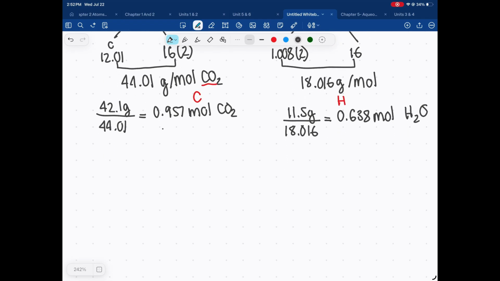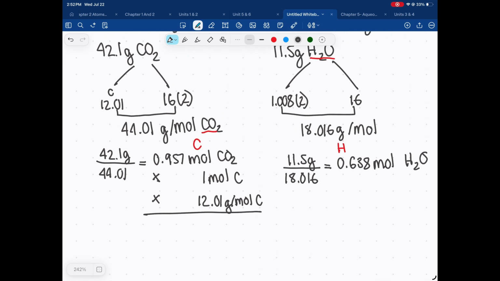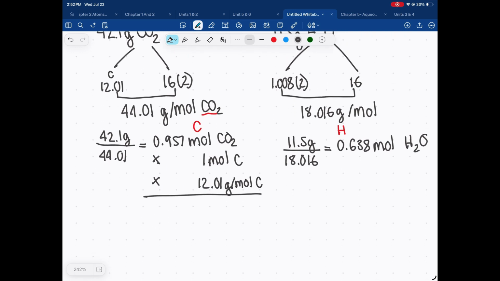So now to find what C is, we will multiply it by how many C's we have. In this case, we only have one C times the molar mass of C. And that will give me how many grams of carbon exist in this molecule.